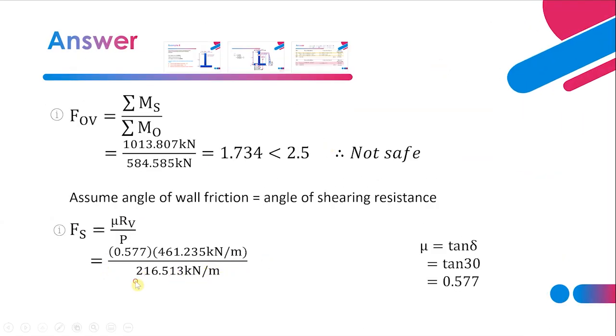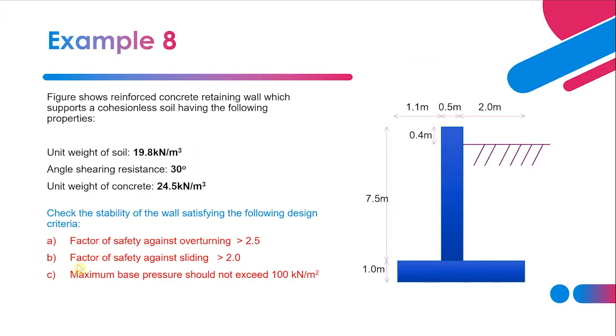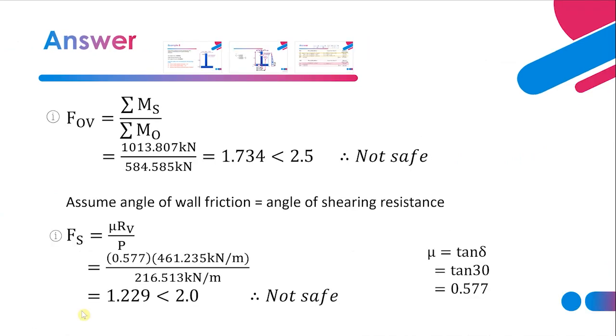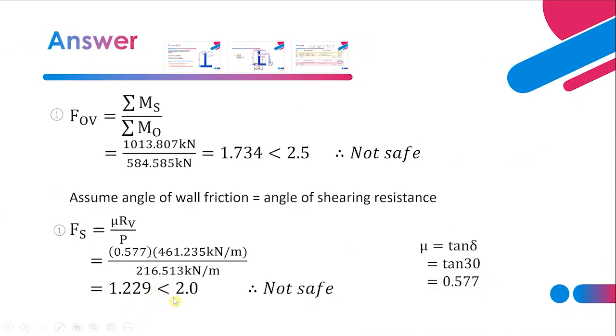So you will get the value 1.229. And then again, you need to compare with the factor of safety given in the question. In this question, for sliding, the factor of safety must be bigger than 2. However, here you get less than 2, which means it is not safe. So everything fails.